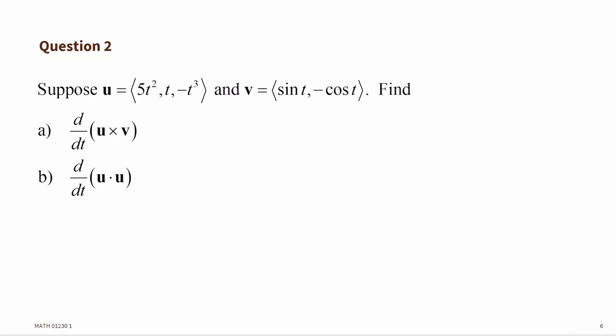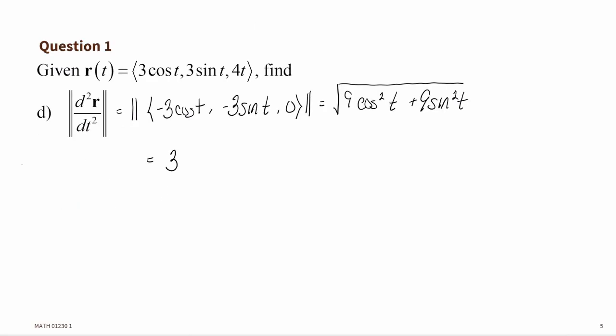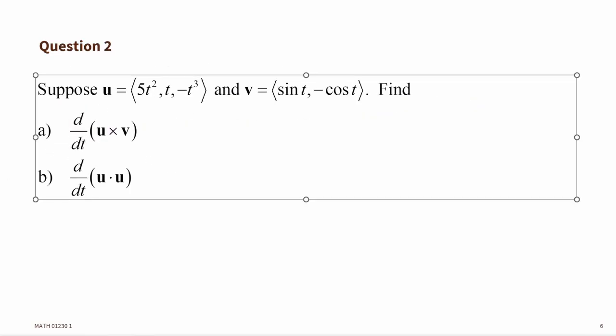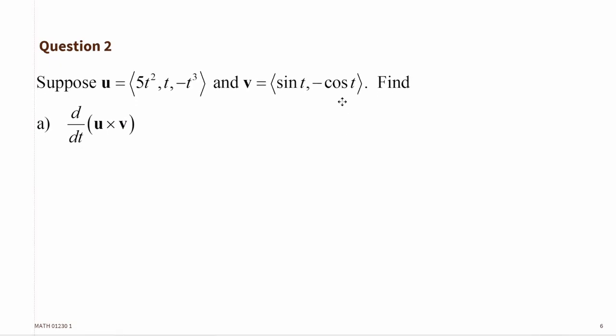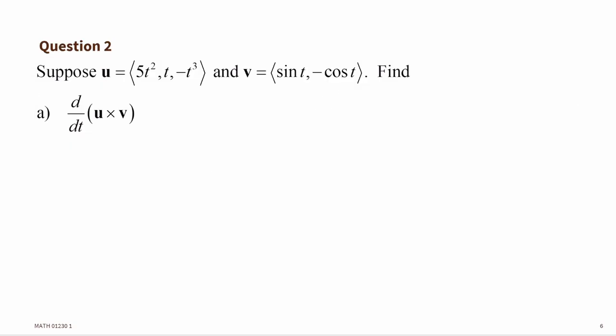So now we're given two vectors. We're going to find these two derivatives. We'll start with, of course, part A. Now, as was mentioned yesterday, we don't actually have to use the cross product rule, which is this.